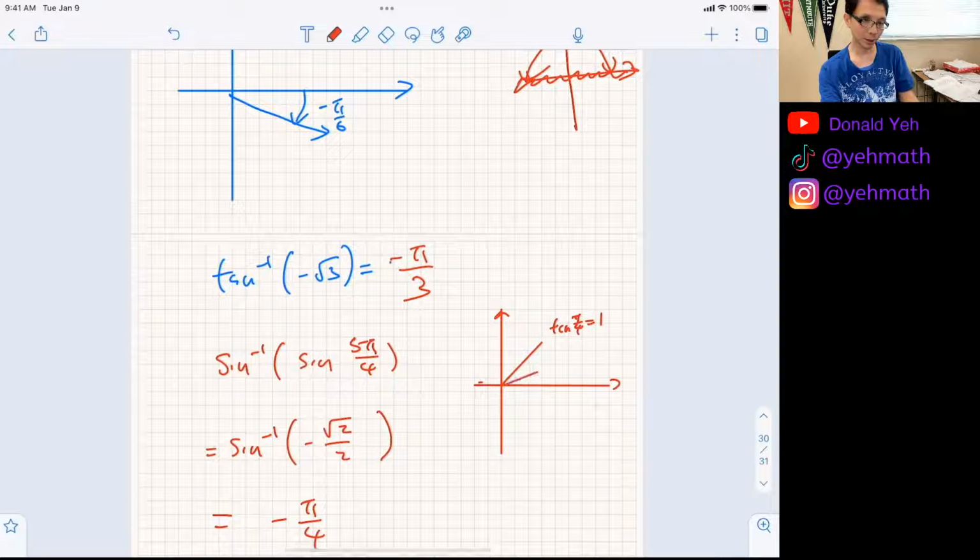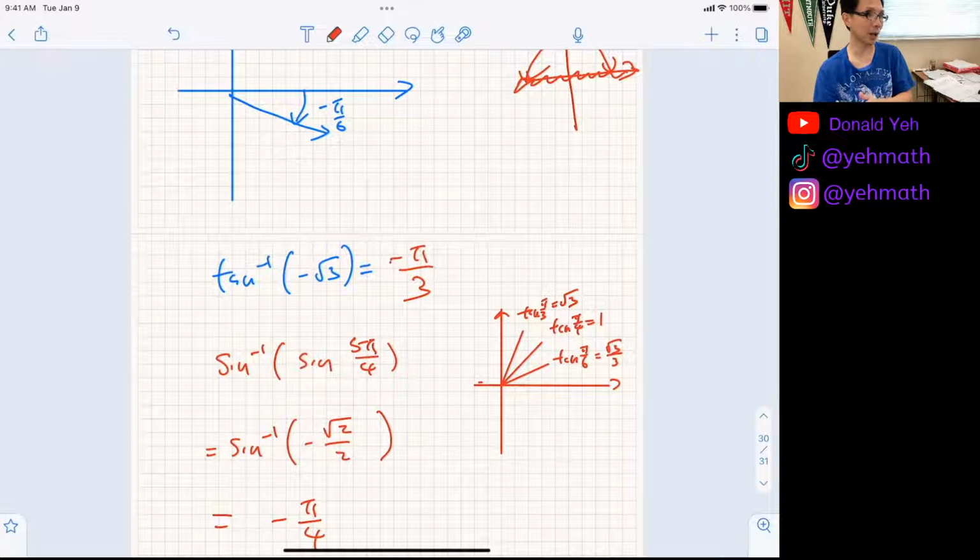So there are only two values left. Tangent of pi over 6 is square root 3 over 3, and if you don't know, you can always work it out. Tangent of pi over 3 is square root 3. So if it's square root 3, it has to be in terms of pi over 3. That's going to be the final answer.